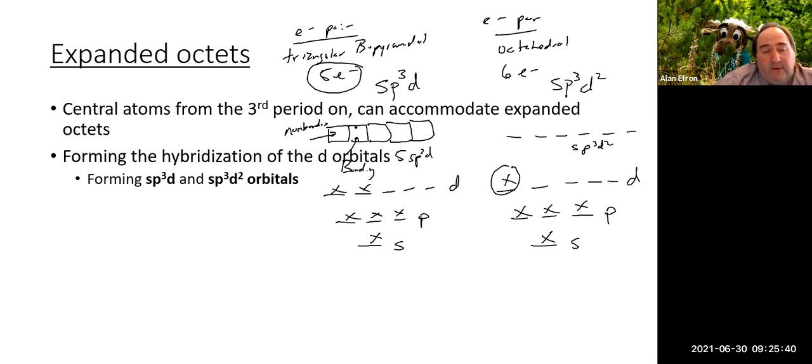The take-home message in terms of hybridization, and we're going to look at some more examples in just a bit, is that it is tied to the electron pair geometry: linear, trigonal planar, tetrahedral, triangular bipyramidal, and octahedral.